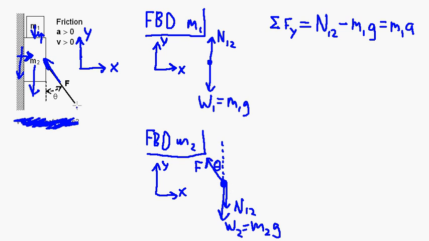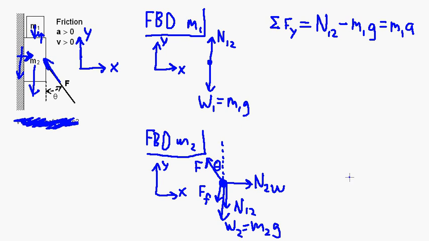So right here at the interface, M2 gets pushed down on by the normal force between 1 and 2. And then we have the normal force between 2 and the wall, which I'll just call N2W. And finally, going downward, we have the friction force, F sub F. So we've got 3 forces going down. We've got one going to the right, that's the normal force. And then we have this one at an angle going up here.